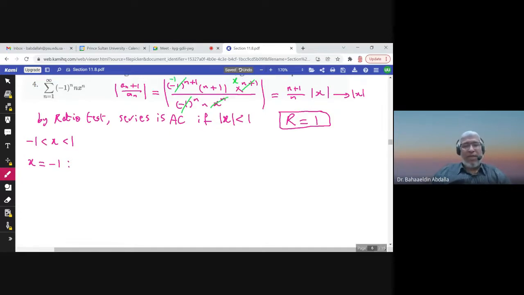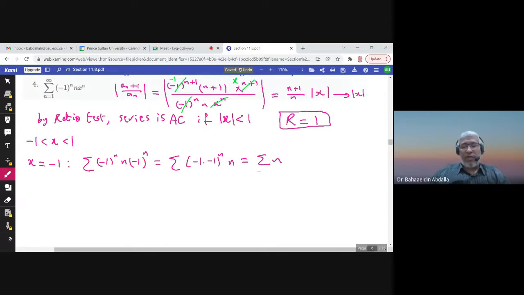So when I replace x in the definition of the power series by negative 1, I have negative 1 to the power n times n times negative 1. And now we have this to the power negative n, this is to the power n, so I can write it negative 1 times negative 1 to the power n times n, and this is 1 to the power n, and it is 1.